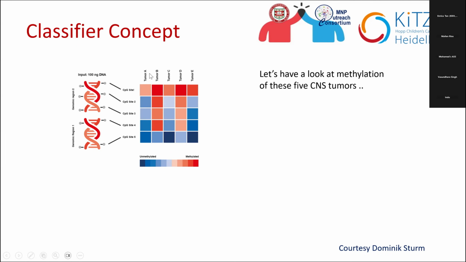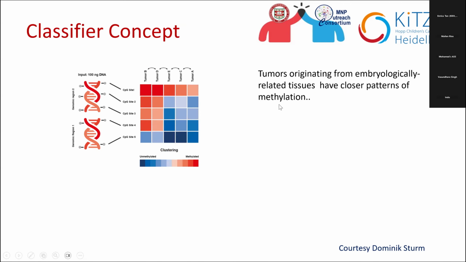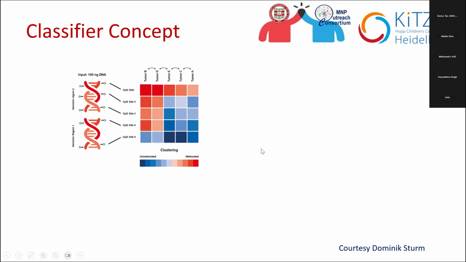If you look, for example, at tumor B and tumor D, you can clearly see that the patterns of methylation among different sites is closer than other tumors, for example. So this is basically because these tumors are originating from embryologically related tissues, and this is why they have closer patterns of methylation.